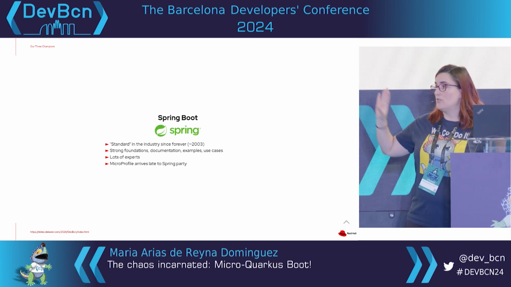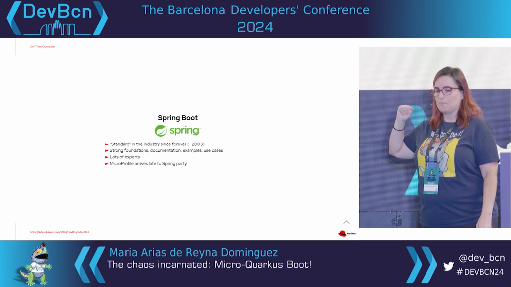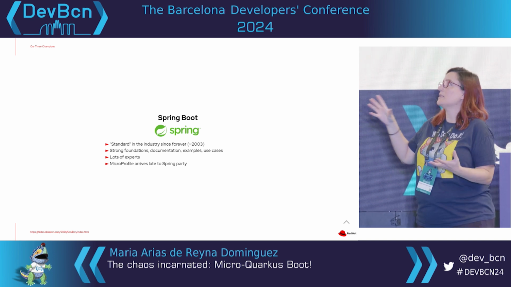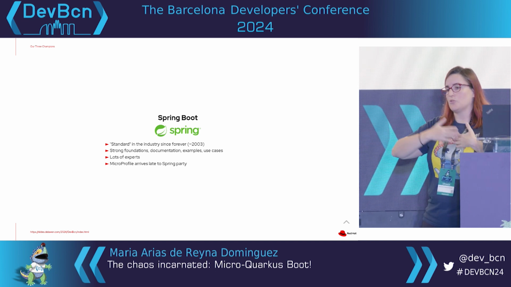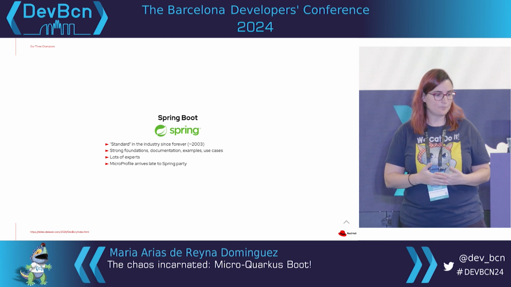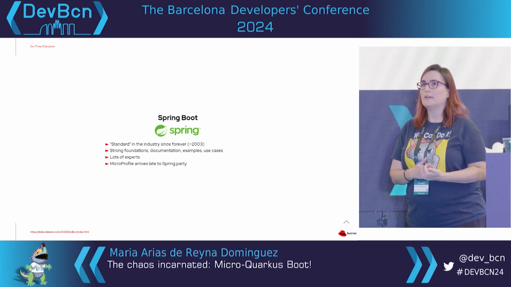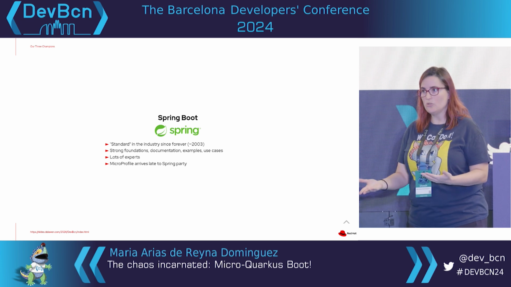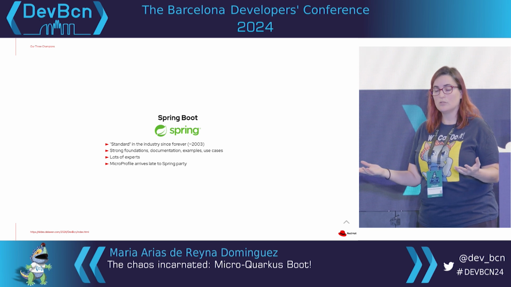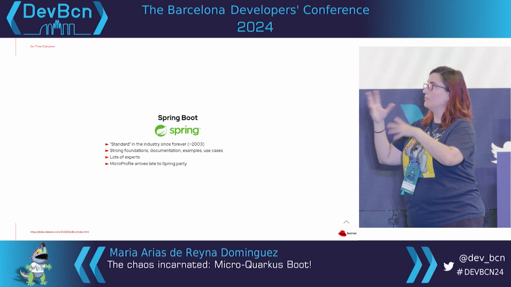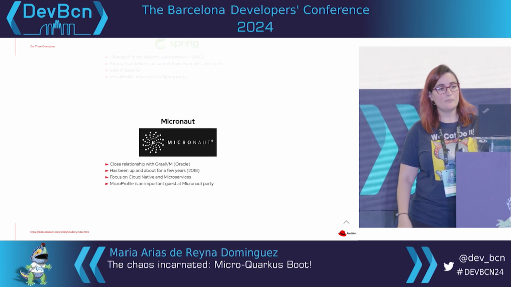And this is not Spring's fault. This is not something bad. This is just what it is, that it will take time to be able to translate everything. But as it was shown yesterday, there are several automatic translation tools to Jakarta, and that can be used to help in this transition.